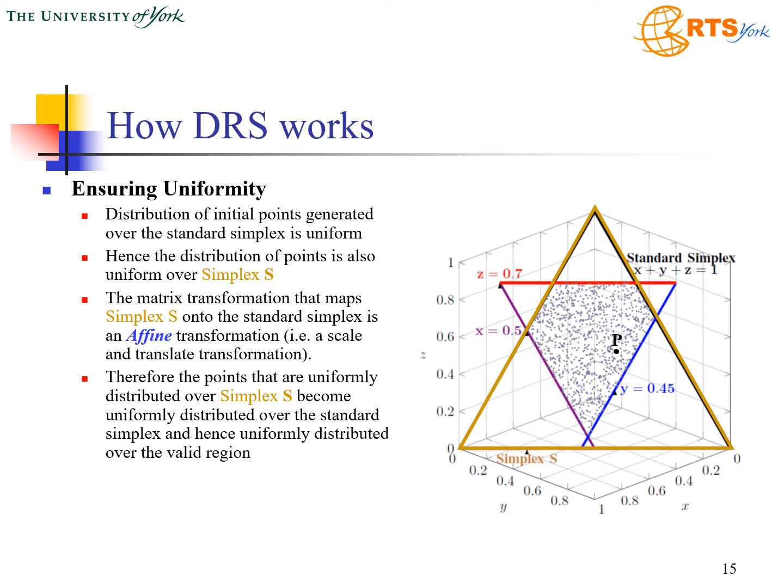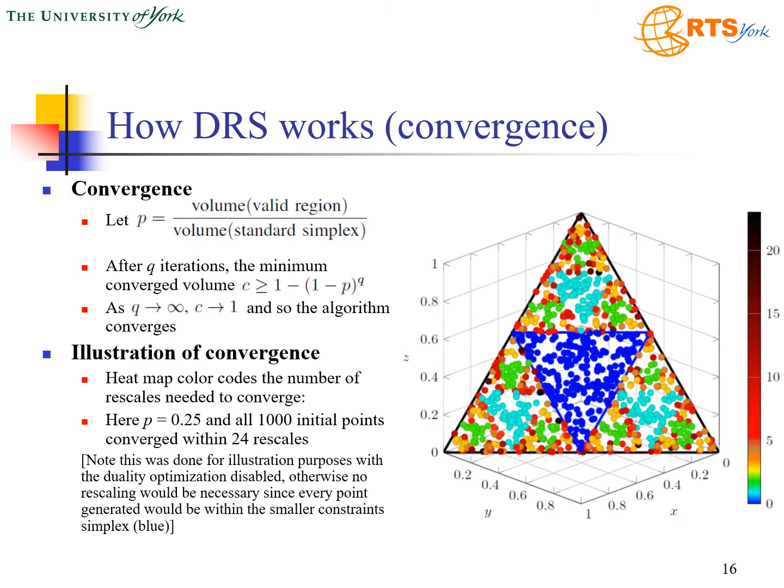So the distribution of initial points that are generated over the standard simplex is uniform, and hence the distribution of points is also uniform over the simplex S. As the matrix transformation that maps simplex S onto the standard simplex is an affine transformation, in other words, it just does scale and translate operations, the points that are uniformly distributed over simplex S become uniformly distributed over the standard simplex, and hence they're uniformly distributed over the valid region. So that's how the algorithm works.